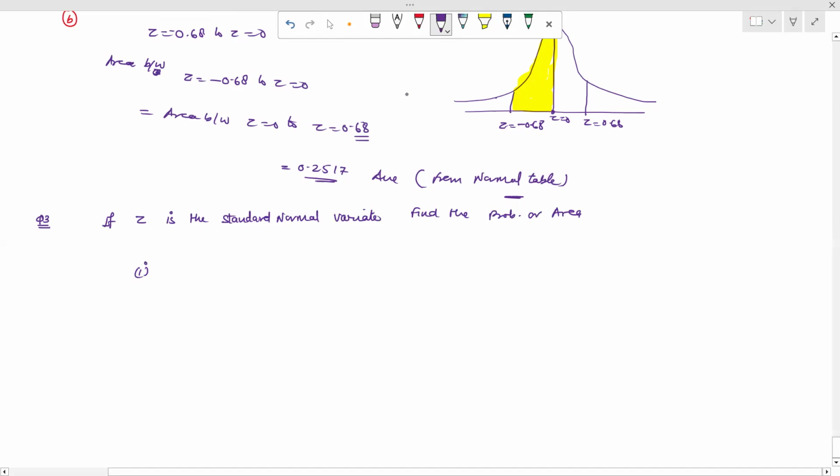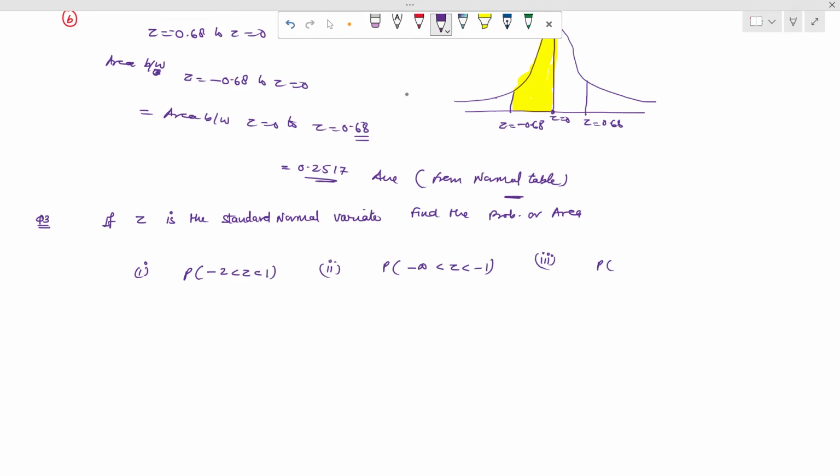The first part is Z lies between -2 to 1. The second part, P from minus infinity to -1. The third part, 2 to infinity.